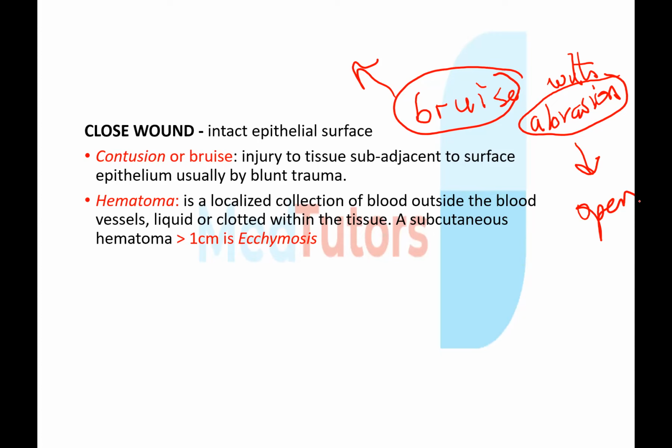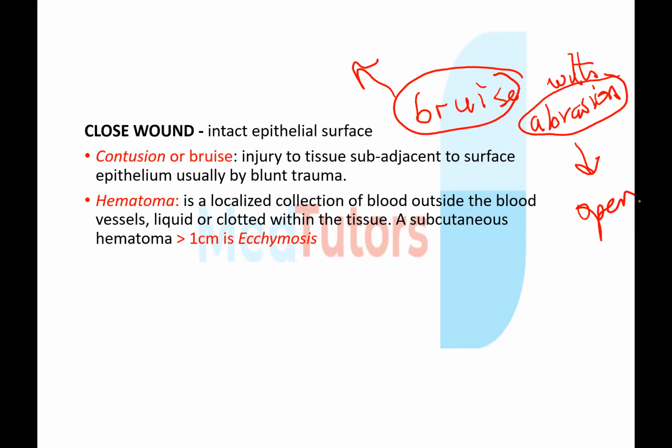And hematoma is also a closed wound. It's a localized collection of blood outside the blood vessels, either in liquid or clotted form within the tissue. So this hematoma is not in continuity with the circulation.